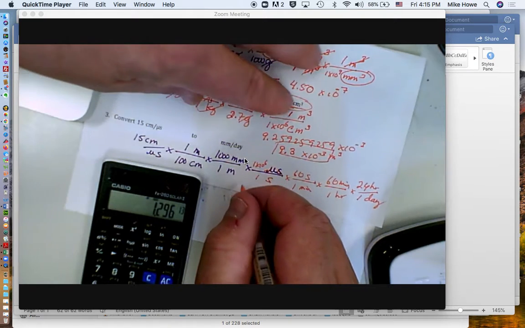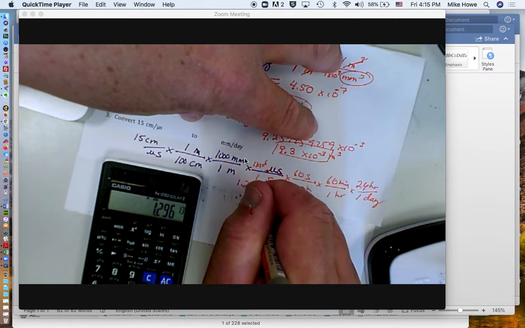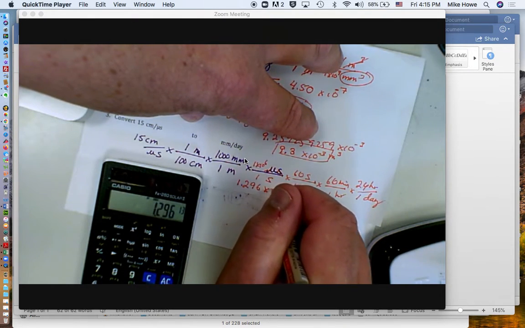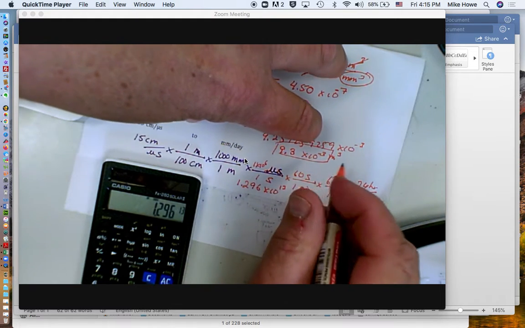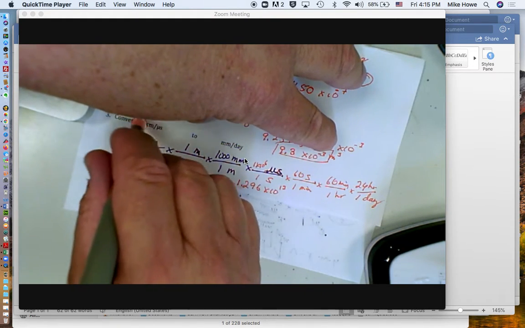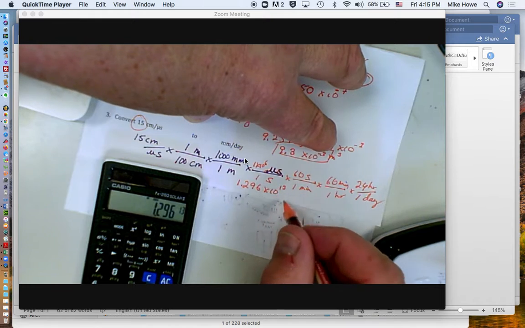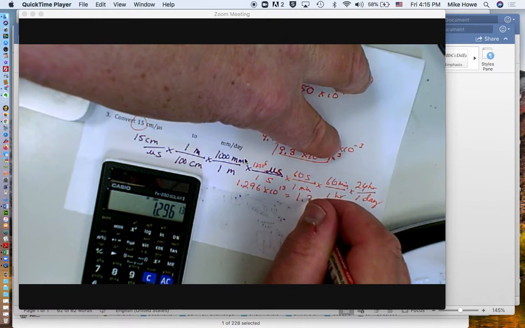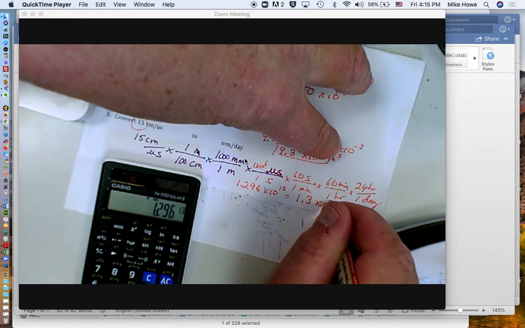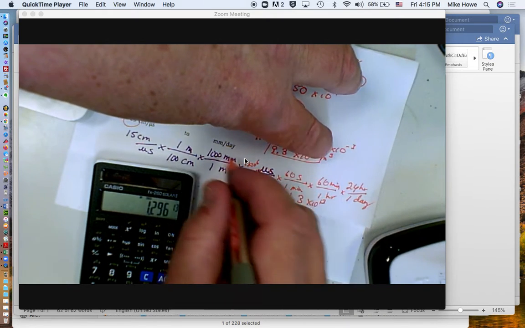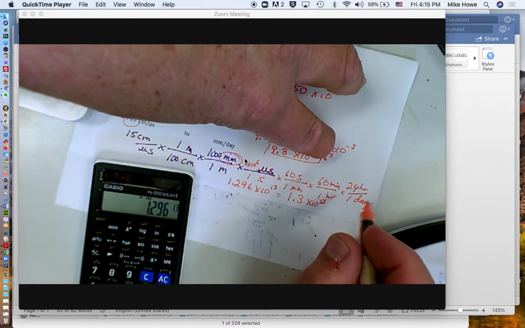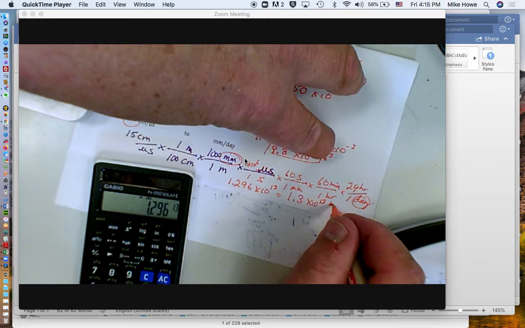So the answer is 1.296 times 10 to the 13th, which we're going to have to round off to 2 sig figs because of that 15. So it's going to be 1.3 times 10 to the 13th. And the unit would be millimeters per day.